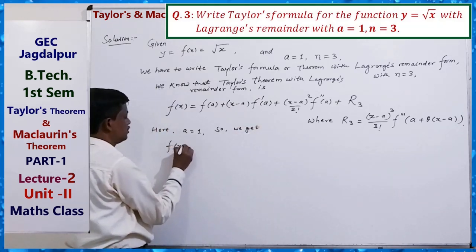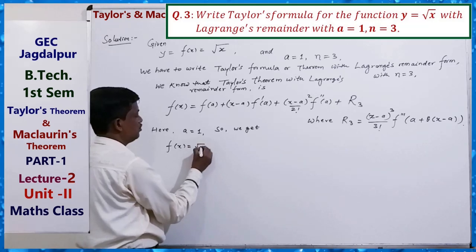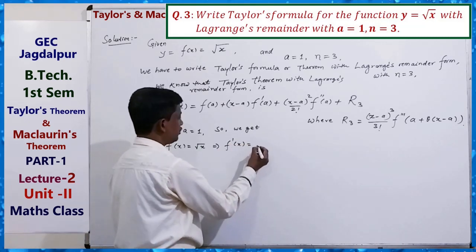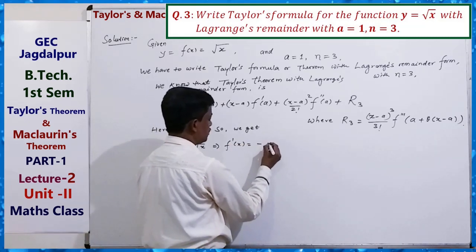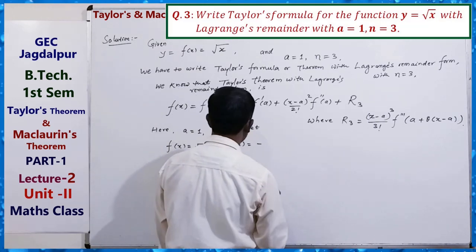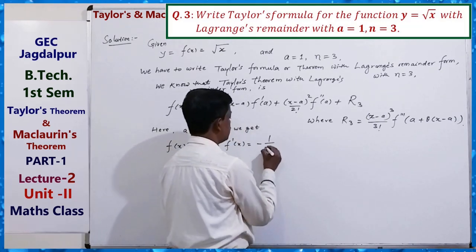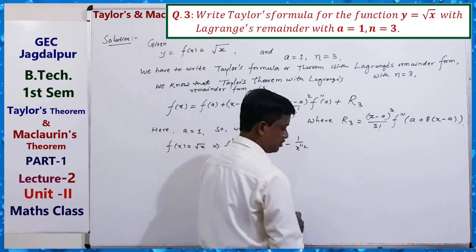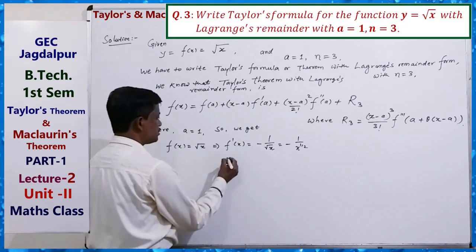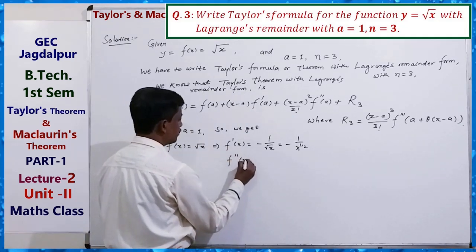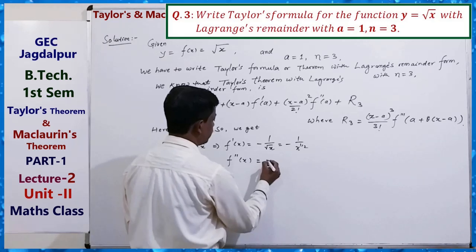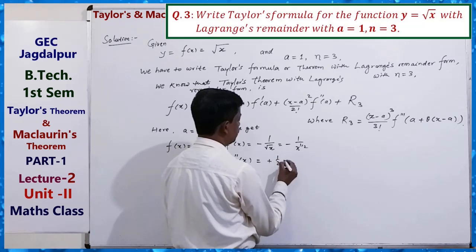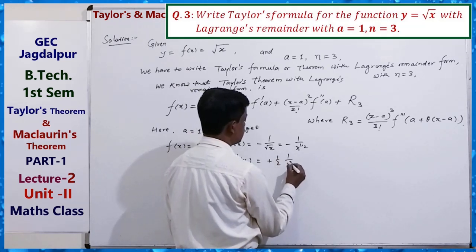So we get f(x) equals root x, which implies f dash x equals 1 upon 2 root x, that is 1 by 2 into 1 upon x to the power half. F double dash x equals minus 1 by 4, 1 upon x to the power 3 by 2.